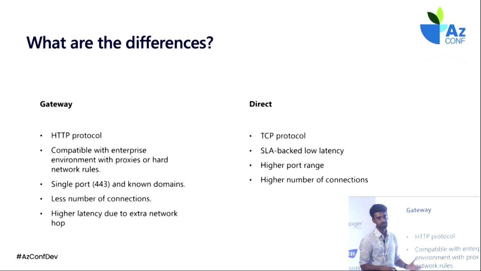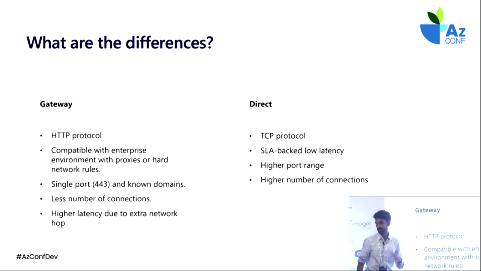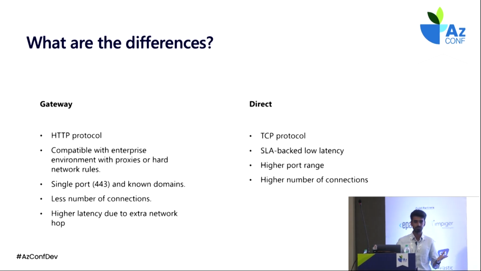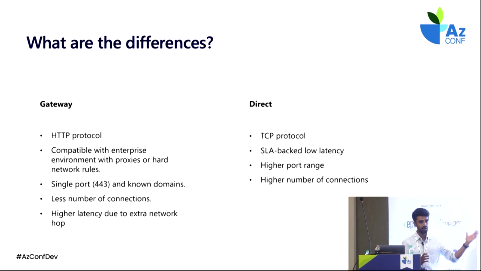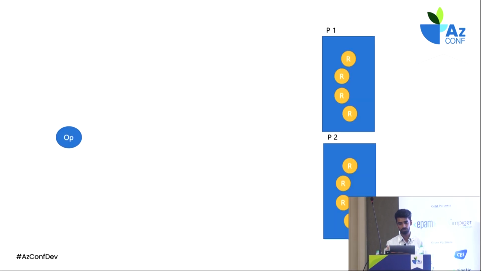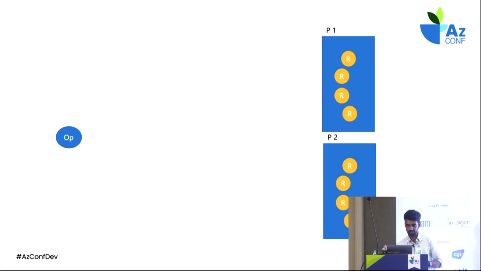That would result in scanning all the partitions, which causes high connections. So these are the differences that I would see. If you are an enterprise customer who has a lot of security rules, we would advise going with gateway mode. But if you need lower latency, then direct mode is the way to go. It depends on the scenarios. I talked about a few scenarios, but we can jump into the next slide.